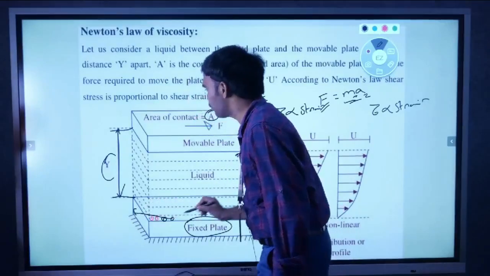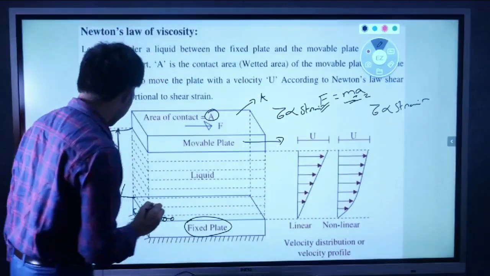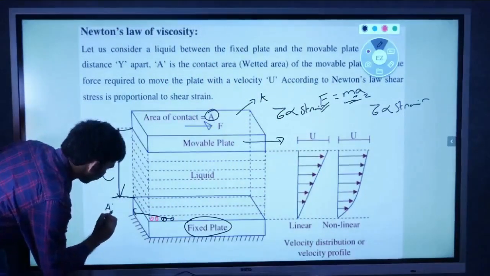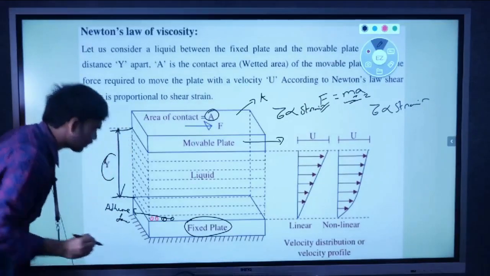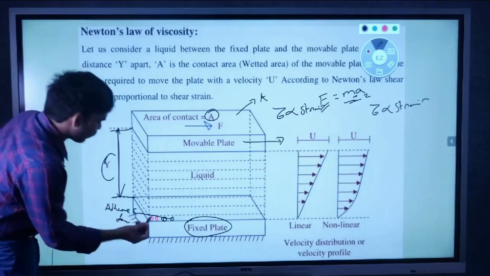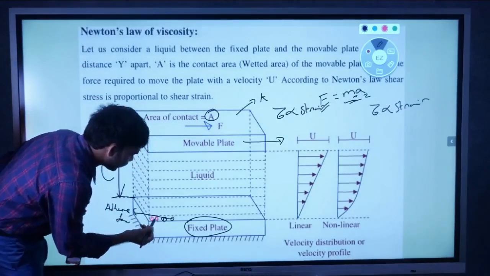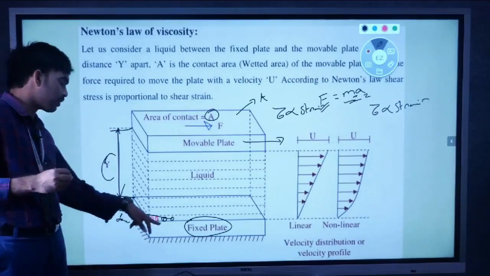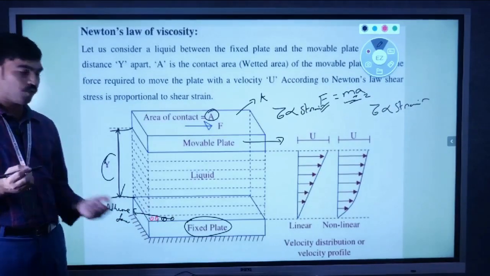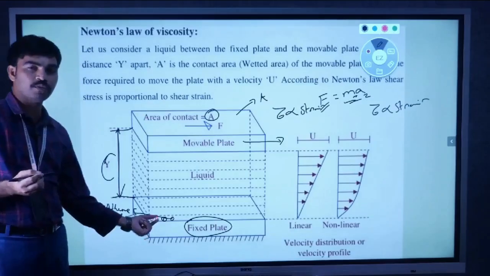This is called adhesive force. We already discussed this. So when the fluid particles contact with the solid surface, the fluid particles will gain the velocity of the solid surface.